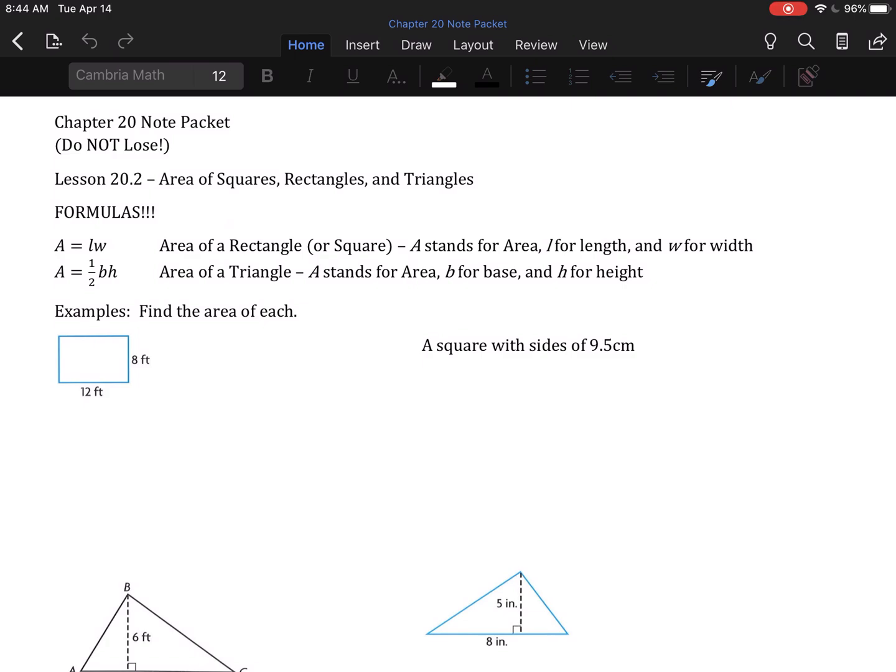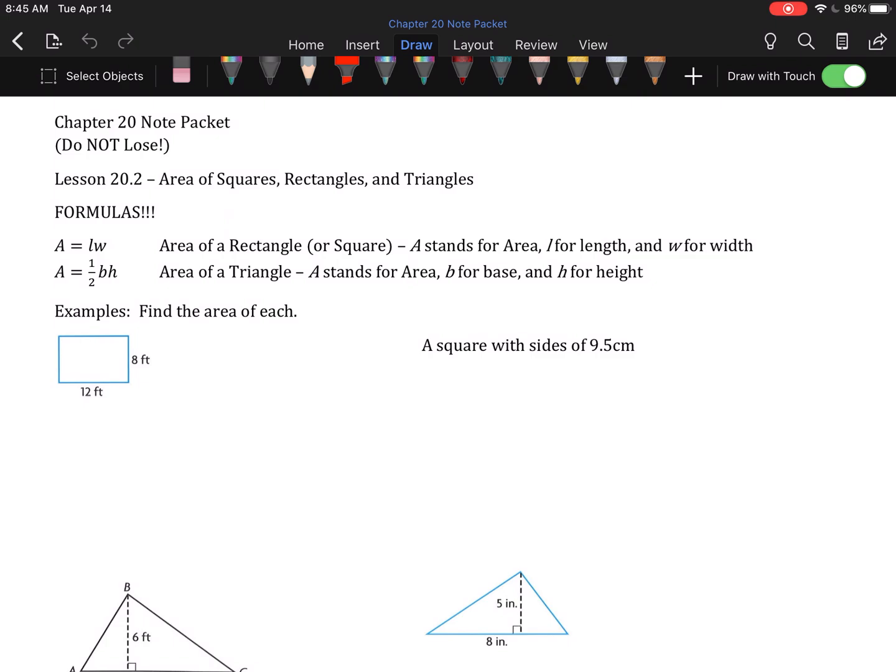For area of a triangle, we swap the letters. Instead of L and W, we use B and H, and there's a 1/2 there. The area for a triangle is 1/2 of the base times the height. So today it's going to be a lot of plugging numbers into formulas and calculating.